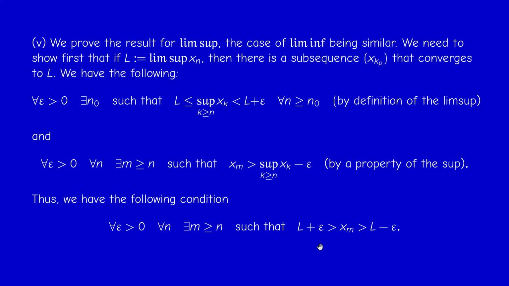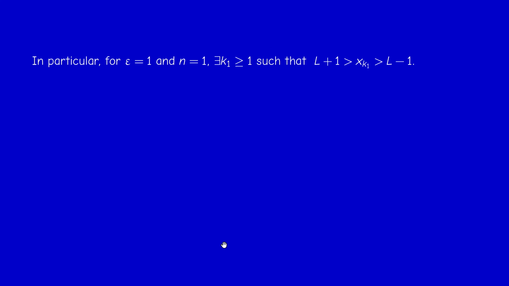So now we are going to construct a subsequence step by step. First, take epsilon equal 1 and n equal 1. Then we find an m bigger or equal than 1, and call it k1. So we have xk1 is between L minus 1 and L plus 1.